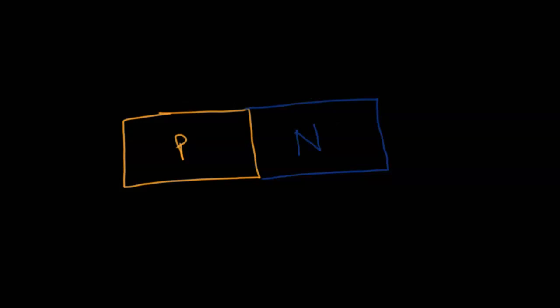Let's draw the holes in the P-type semiconductor as positive charges. We have a bunch of holes because it's heavily doped, and the N-type semiconductor represents the extra electrons in it.